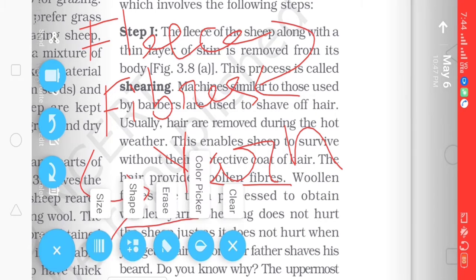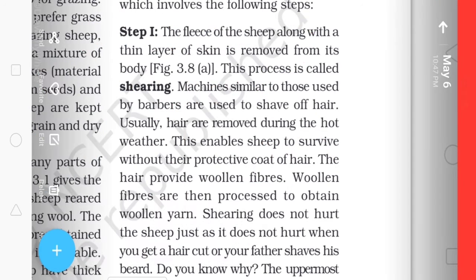yarn, understood? Shearing does not hurt the sheep, just as it does not hurt when you get a haircut, or when your father is shaving his beard, because the outermost layer of skin present in our body consists of dead cells. They are already dead. That is why even if they come out when we are shaving, it doesn't hurt.